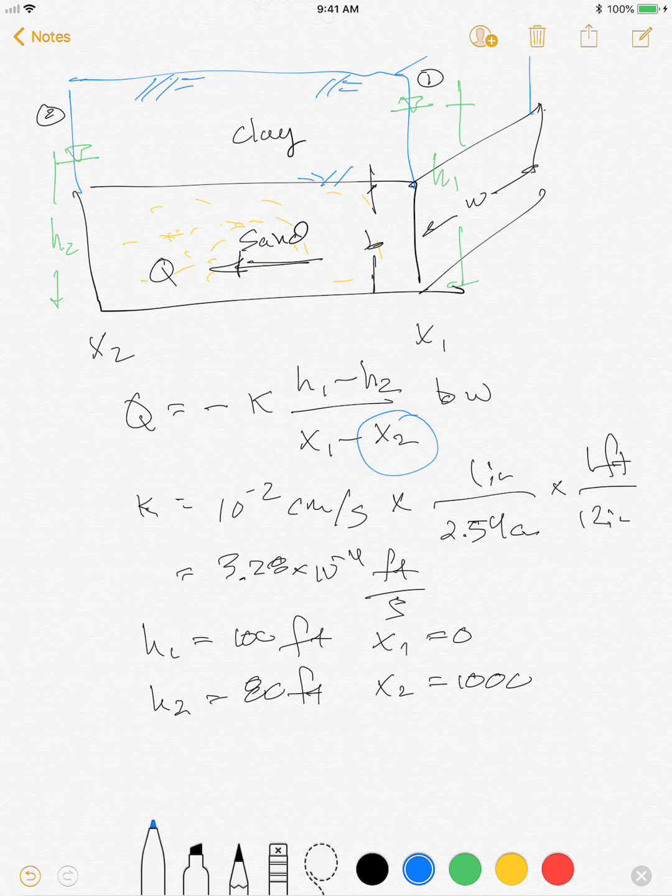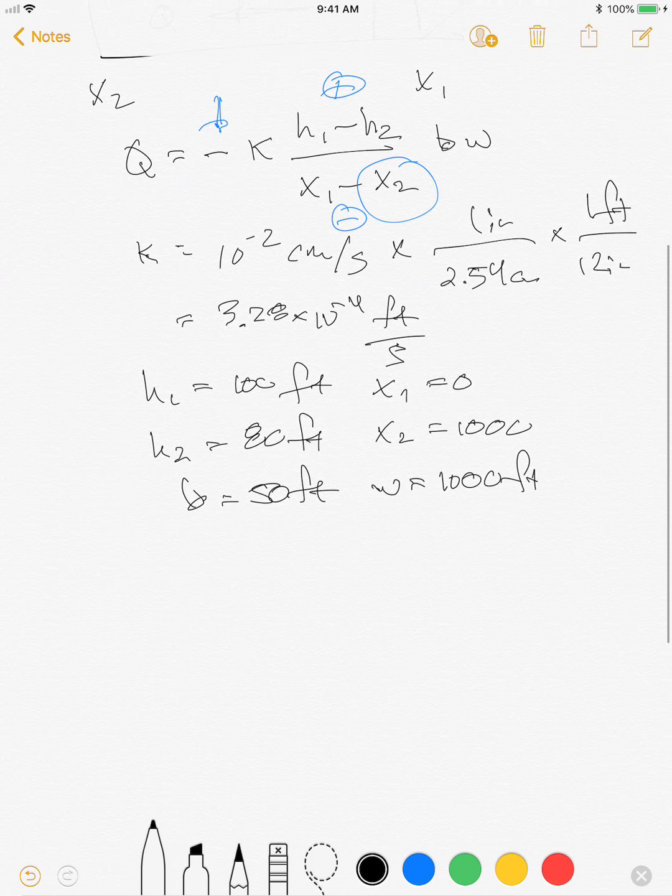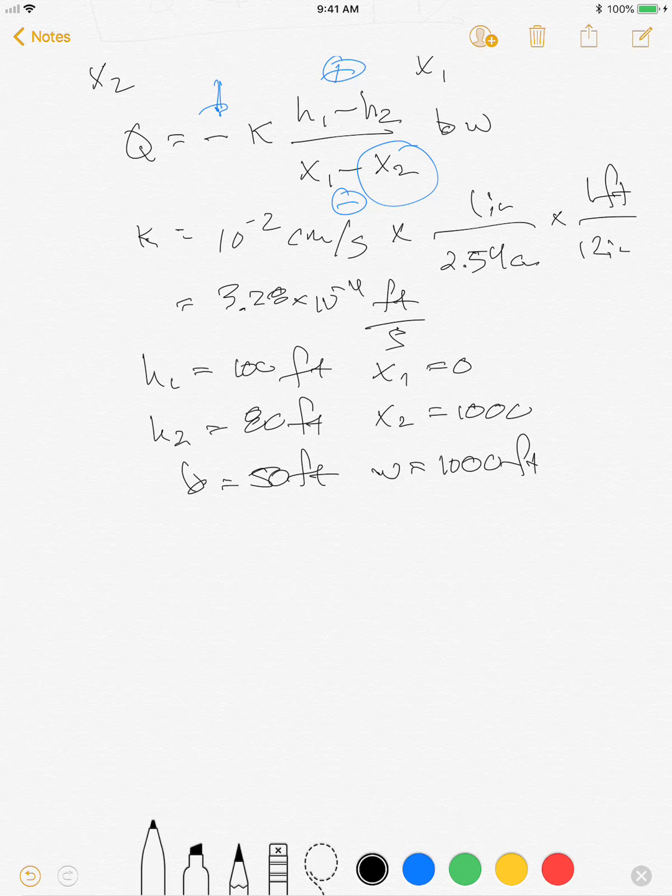So you wind up with a positive in the numerator, a negative in the denominator. So you need this negative sign to make the flow work out. Okay, so for our example, our B will be 50 feet, and we'll say our width is equal to 1,000 feet. Okay, and so this is the simplest of the flow equations. It's going to seem pretty straightforward to you.